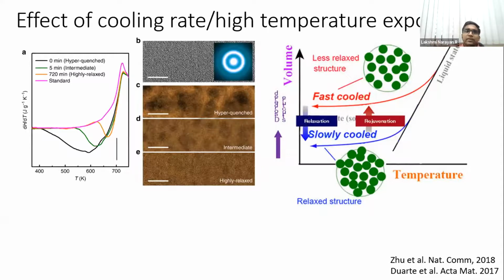So in this figure, what I'm showing you is a group of DSC images, as well as very nice TEM images that these guys have found. They have done very high resolution TEM and tried to identify free spaces, and free spaces are denoted by black spots. They have heated the glass for different times, which is shown as legends in the left hand side plot.